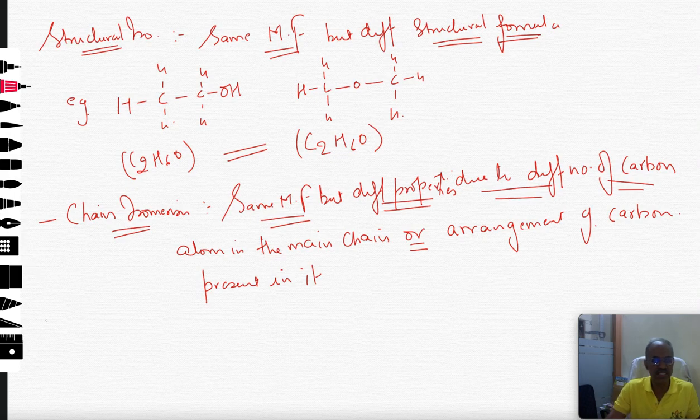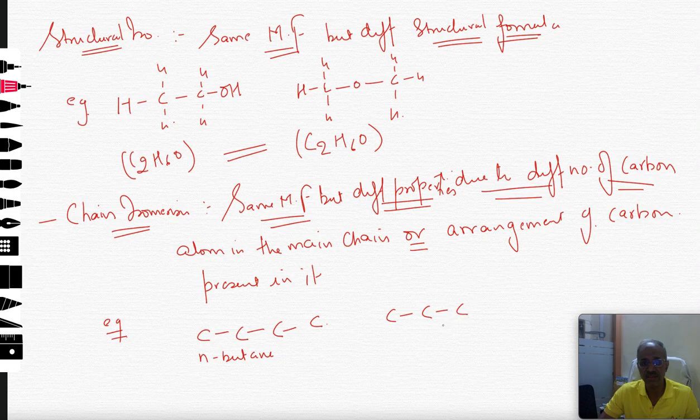For example, take this, which is butane. I will say this is n-butane. The same butane can be written as 1, 2, 3, 4 carbons: this is CH3, this is CH2, this is CH2, and this is CH3.